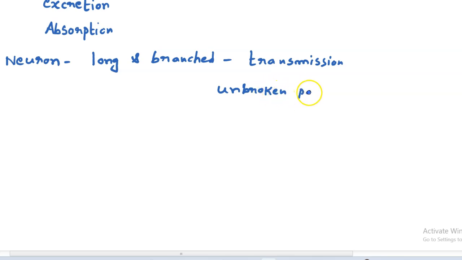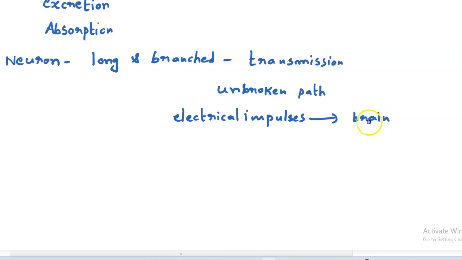An unbroken path is required for transmission of electrical impulses, nerve impulses or signals from different parts of the body towards the brain. Hence, neurons appear long and branched in order to carry out this function.